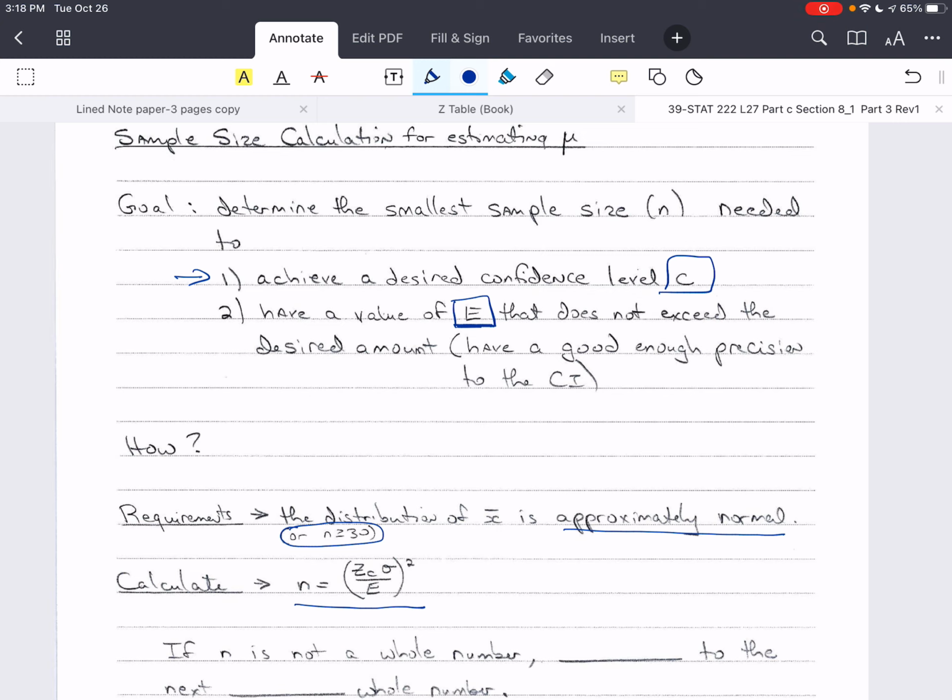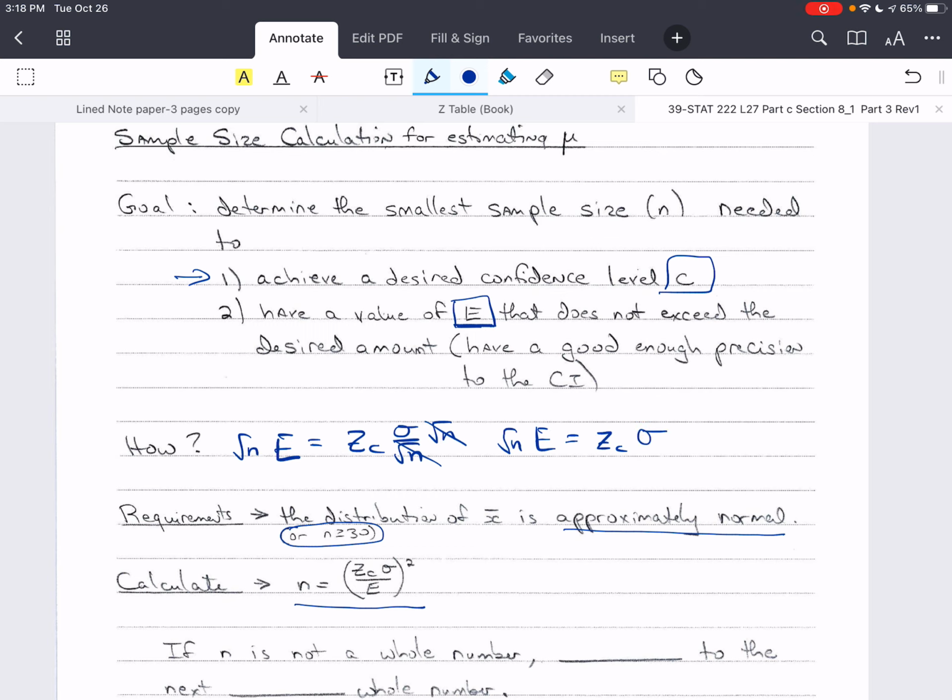Okay? So what we've done is we've taken the formula for E, which is Z sub C sigma over the square root of N, and we've solved for N. So we multiply by the square root of N on both sides, and so this cancels. And then we have square root of N times E equals Z sub C sigma.